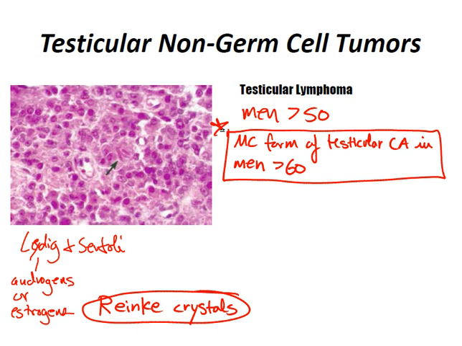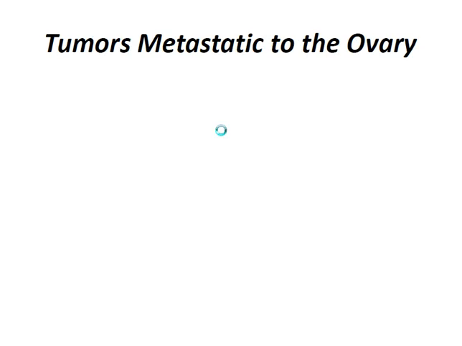So now let's talk about tumors metastatic to the ovary. And these frequently are of the gastrointestinal tract, the breast, or uterine in origin.